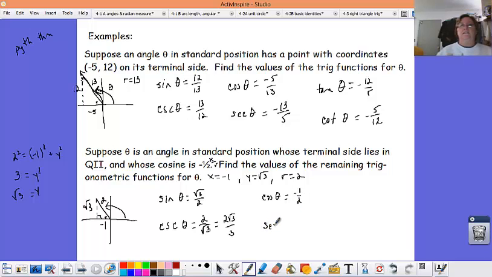The secant is the reciprocal of that, -2. The tangent will be y over x, so square root of 3 over -1, or the negative square root of 3. The cotangent is going to be the reciprocal of that, so -1 over root 3, but we know that that's -√3 over 3.